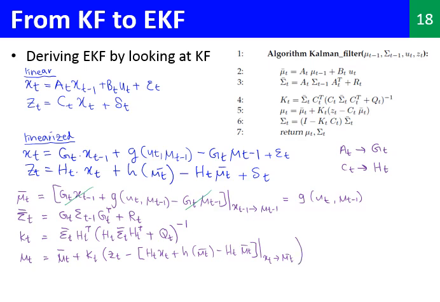When we do that, this and that get cancelled off. So our answer would be mu t bar plus K t times z t minus h of mu t bar. Understood?